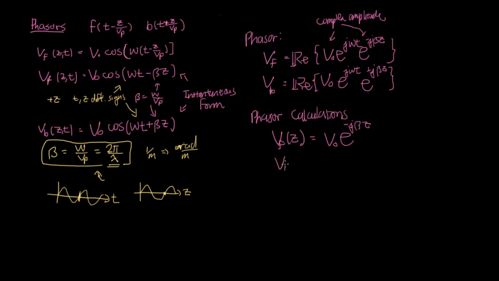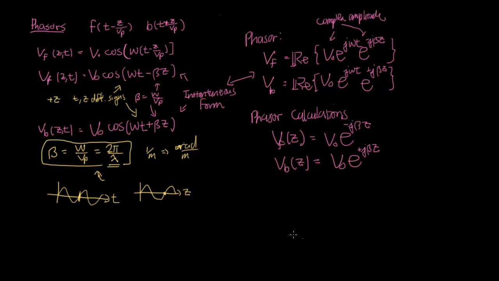Similarly, the phasor form for a wave propagating in the negative z direction will be V naught e to the plus j beta z. The idea is that we extract this part, do our calculations, and then when we're all done, we slap the e to the j omega t back on, take the real part, and then we now have our instantaneous form. So we'll go back and forth between these two forms.